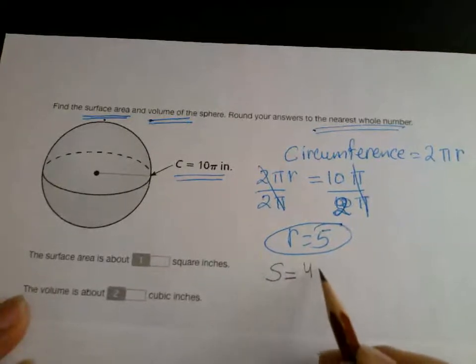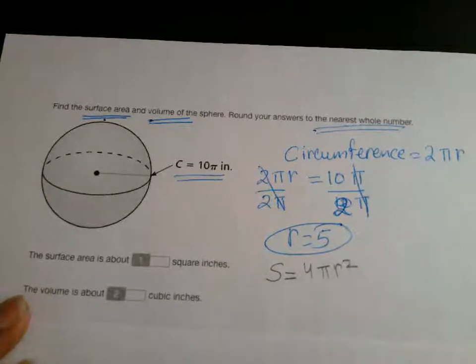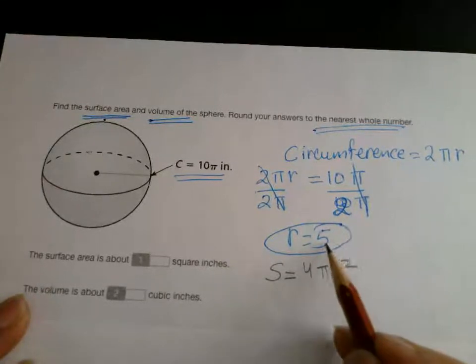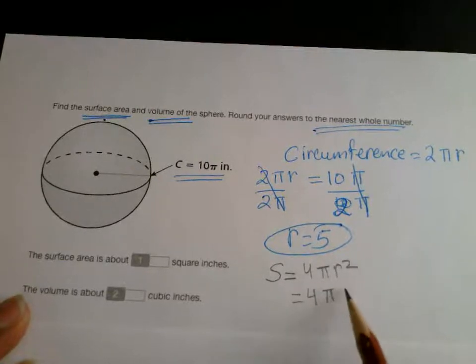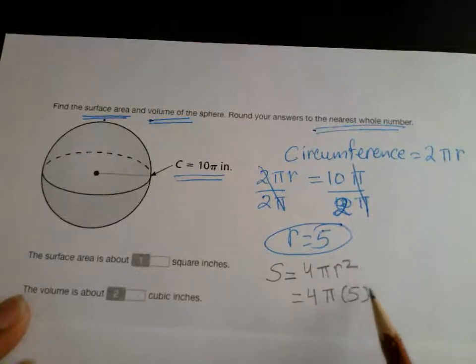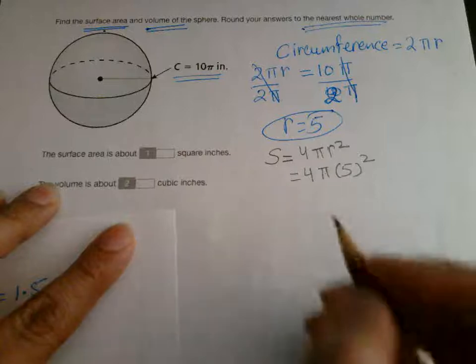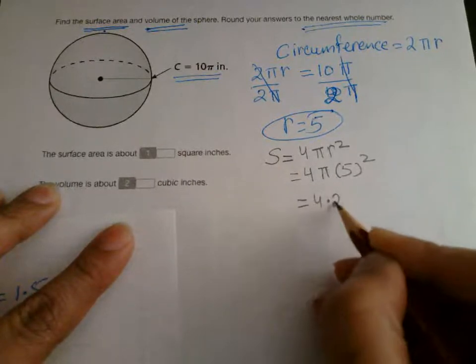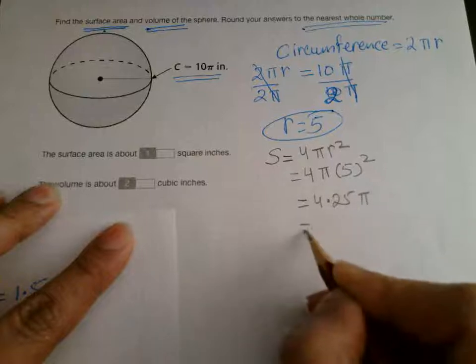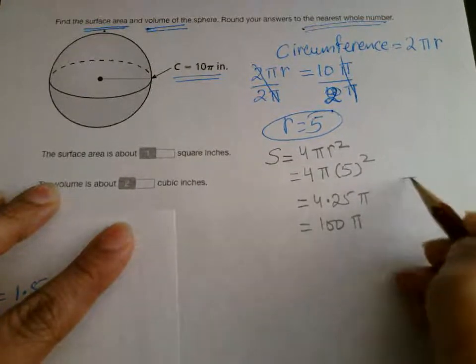So surface area is nothing but 4 pi r squared, and r is 5. Let's plug in the values. 4 pi and 5 squared. If I plug all this information, let's see what we will get. This will be 4 times 5 times 5 is 25 pi, which is nothing but 100 pi. And what is the value of pi?